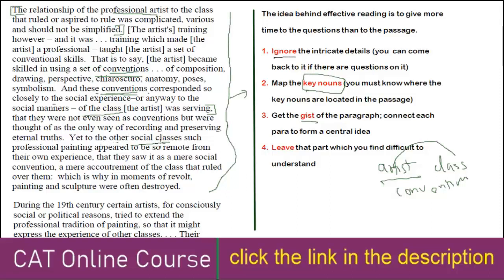Yet the other social classes were so remote that they saw it as a mere social convention. So basically, you are serving the interest of only one class and the other classes are ignored. And this is based on the convention, right? So what do we have from this paragraph? The professional artist is serving the interest of the ruling class, the other classes are ignored, and this serving is based on a set of conventions in which the artist was trained.